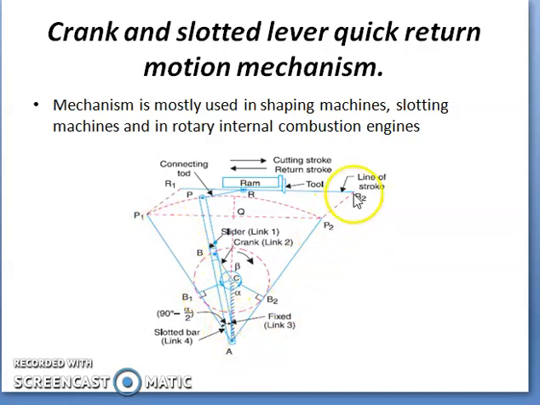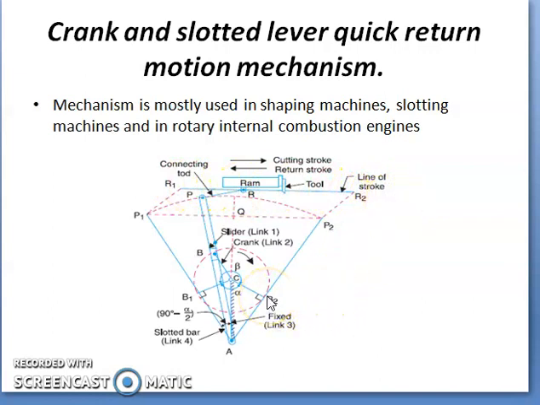So here you can see it is starting. The extreme positions are the positions when the slotted lever is tangential to the circle. If you draw a circle with the crank as radius, the extreme positions will be when the slotted lever is tangential to the circle. So when the crank is moving from B1 till it reaches the position B2, the point P1 will trace a curve and the ram will move from R1 to R2.